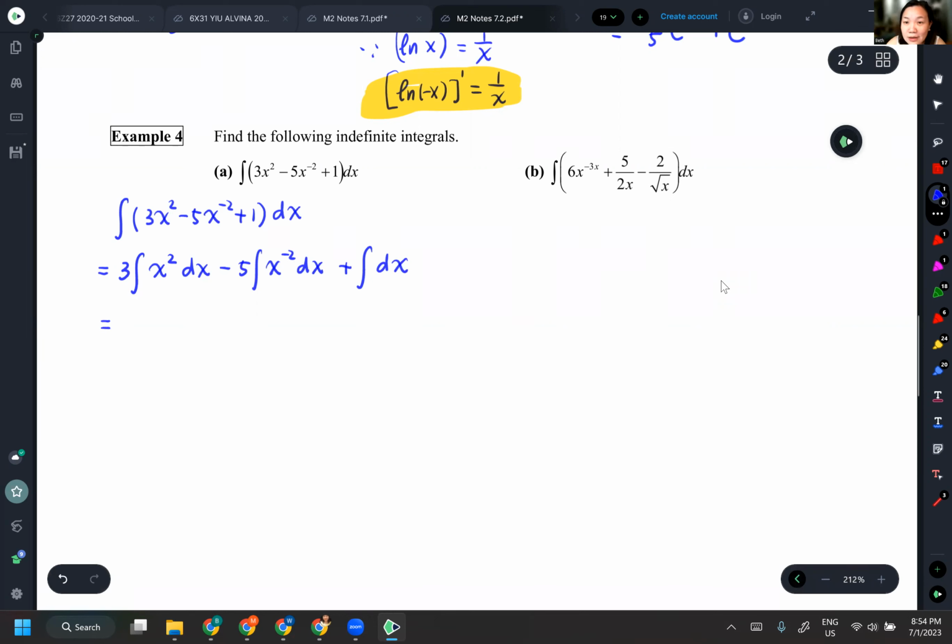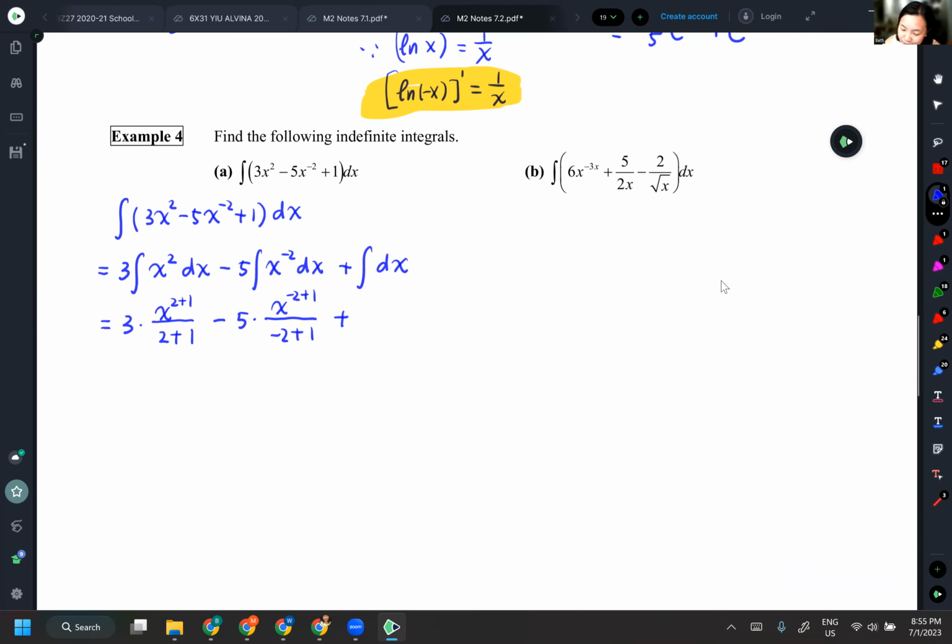And then I'll use formula B. 3 x to the 2 plus 1. Now here I should write add C, but I won't. I will write add C at the end. So here 5 x to the negative 2 plus 1, plus, for the last one, I'll use formula A. And then plus C. Because if you plus C 3 times, that means 3C.